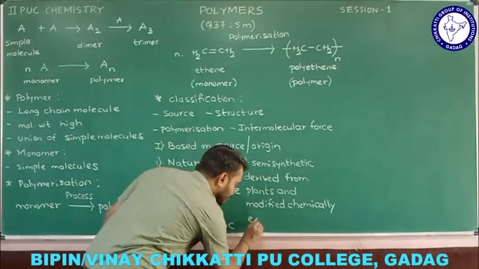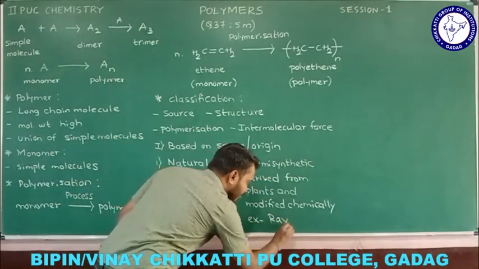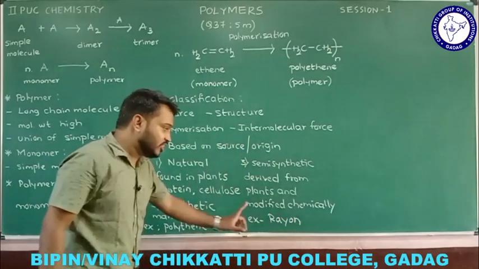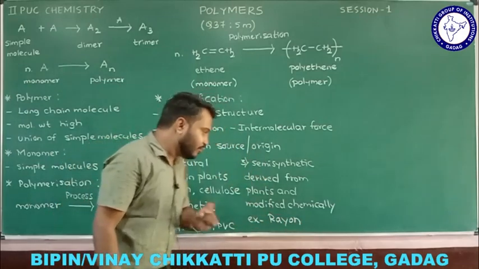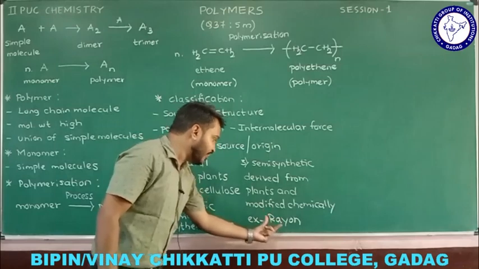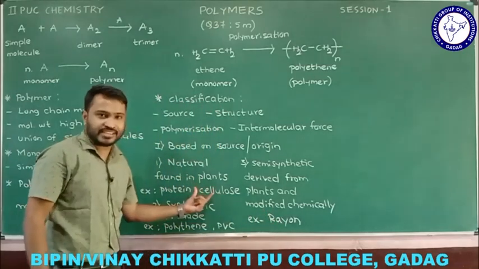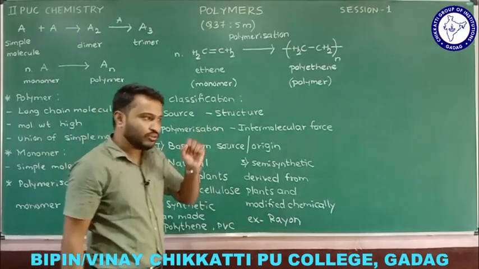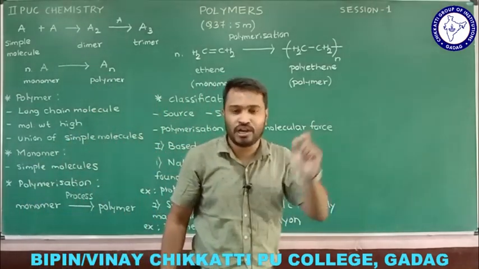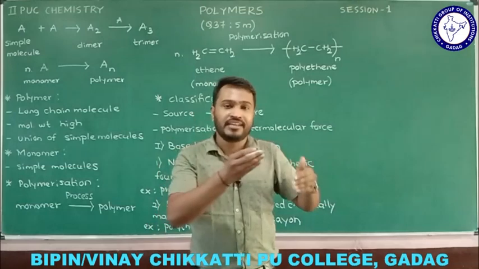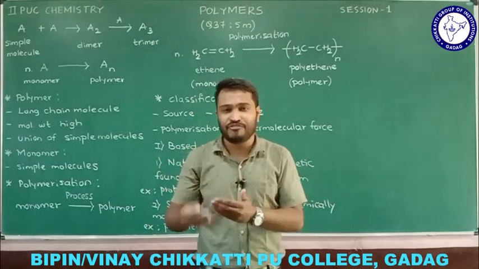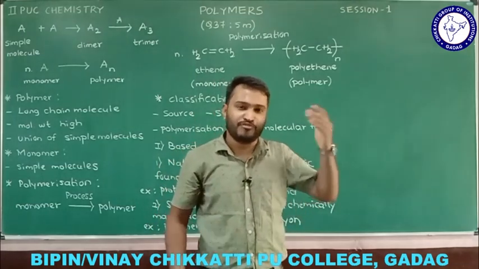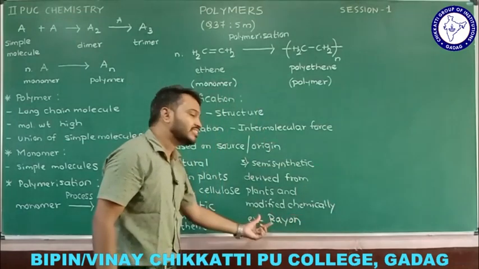One example I am going to consider is rayon. If you consider rayon as an example, try to know the origin of rayon, that will be cellulose, or you can say rayon is a derivative of cellulose. So we consider cellulose, which is naturally occurring, and we modify that cellulose by adding some chemicals, and the modified form of cellulose we call rayon.